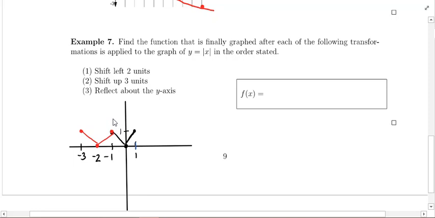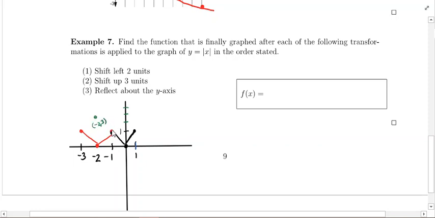Now we need to go up 3 units. Again, I will take my vertex and move it up. I'll put this one in green. Negative 2, 0 will go up 1, 2, 3 to negative 2, 3.